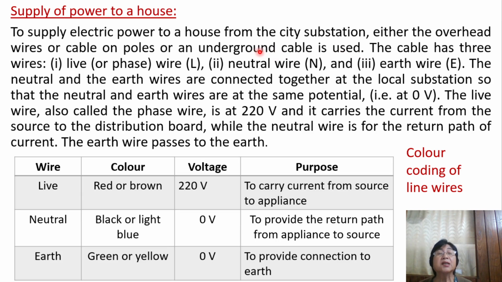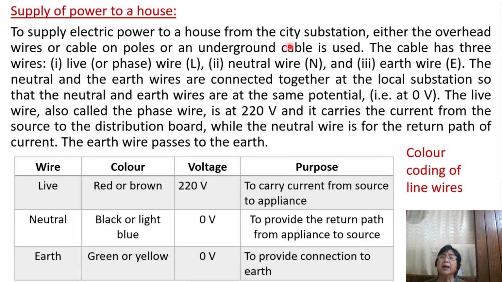It will come in the form of a big cable. The cable has three wires inside it. One wire is known as the live or the phase wire with the symbol capital L. Another wire is the neutral wire, symbolized by capital N, and the third one is the earth wire, symbolized by capital E.